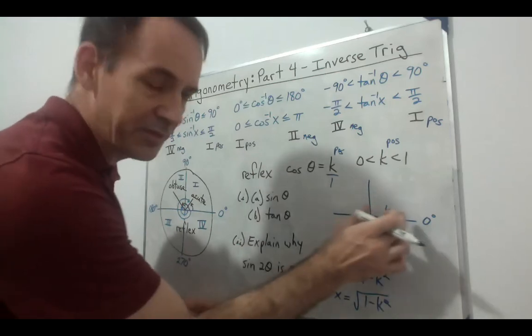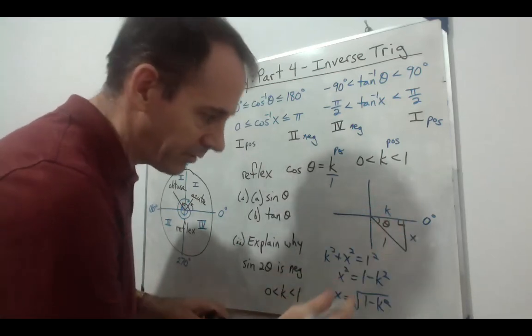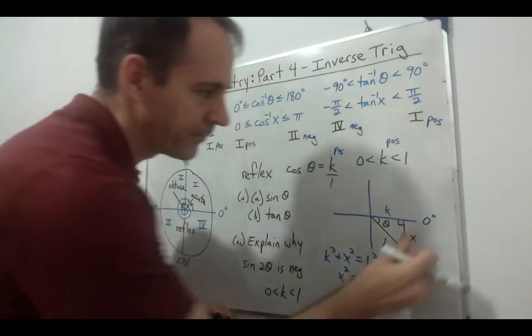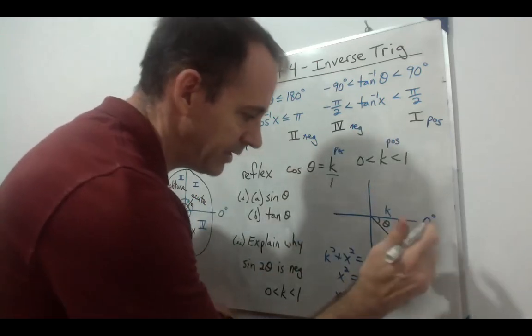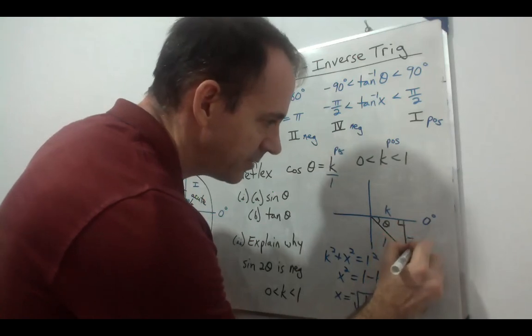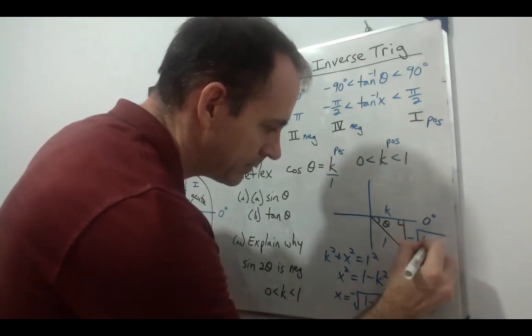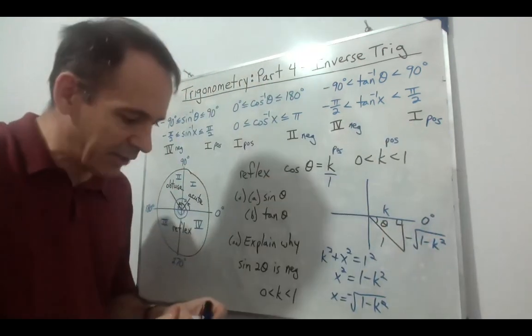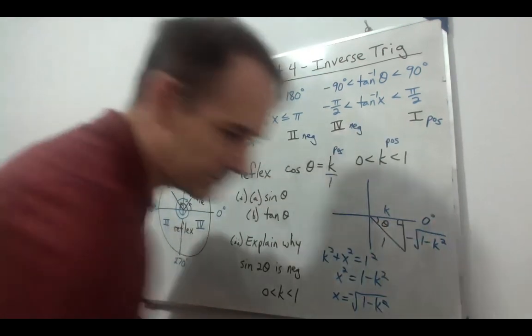And this time we also want the negative one because it's going down. So our x is going to be the negative root 1 minus k squared, because it's going in the down direction, which is the negative direction.